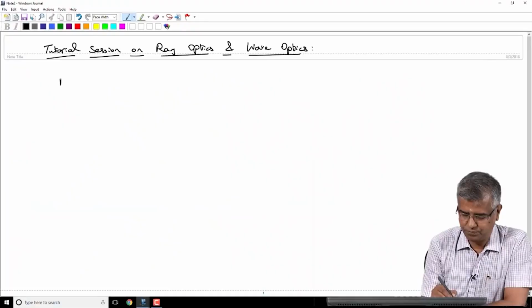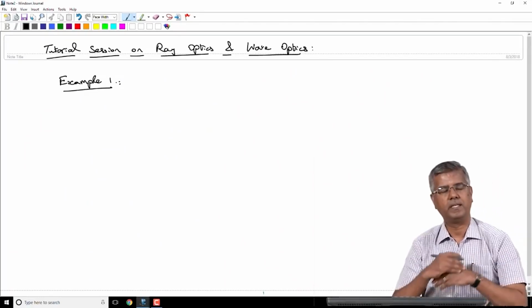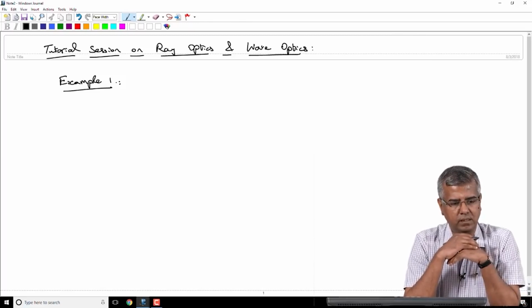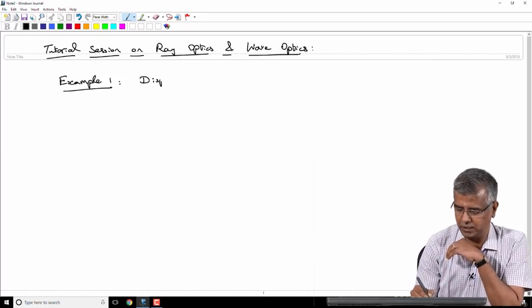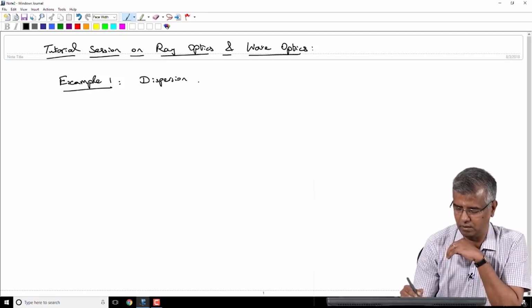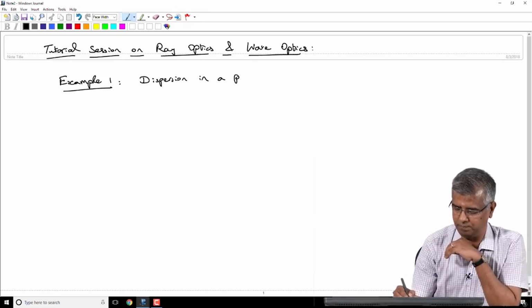Okay, so let me just take the first example. Example 1 is about dispersion in a prism.